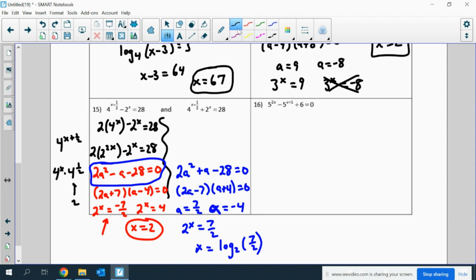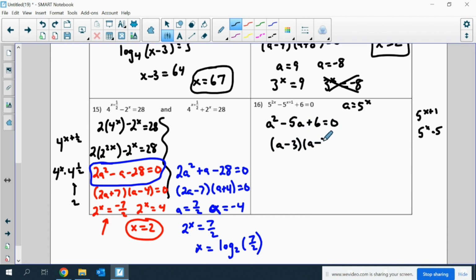Then finally, number 16, 5 to the 2x. If I make a equal 5 to the x, I get a squared minus 5 to the x plus 1, which is the same thing as 5 to the x times 5. So 5 times a is what I get.